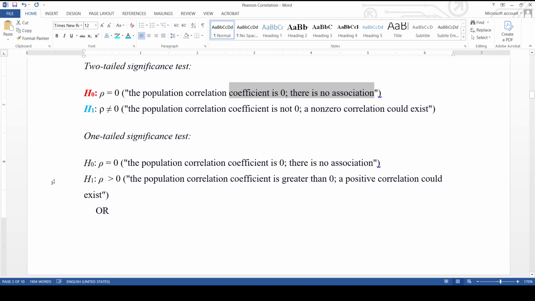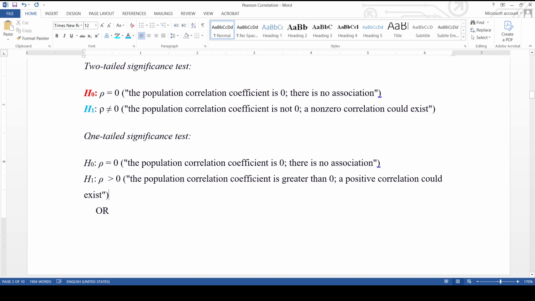While here, there's a slight difference for the one-tail. It says the population correlation coefficient is greater than 0. Here we say it is not 0, and here we say it is greater than 0. In other words, it is still not the same as both of these. This is the alternative. This is 0, but this is greater than 0, which means your answer is not going to be 0. And this is just an assumption.